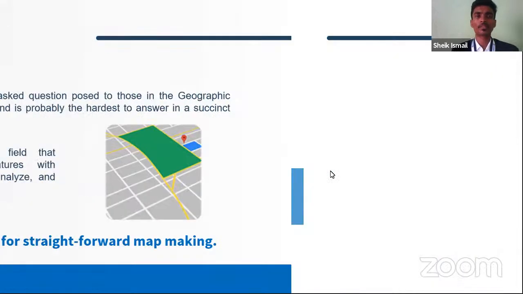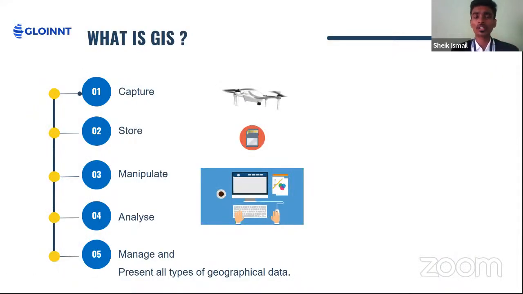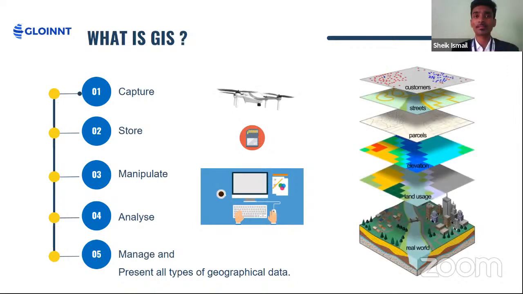I already told you about GIS in terms of generally academics and all the books. It is exclusively designed to capture, store, manipulate, analyze, manage, and then present all types of geographical data as a map. So how can you capture something?